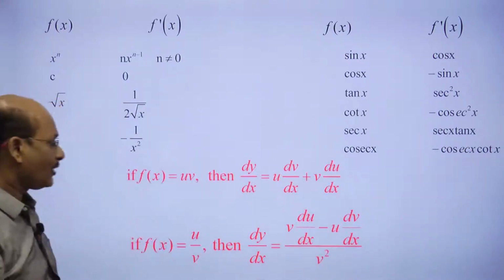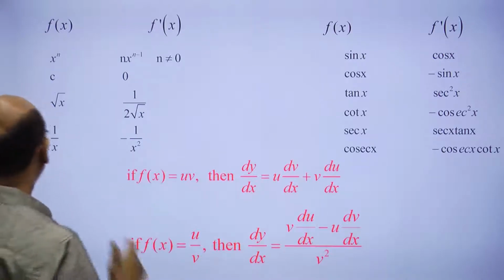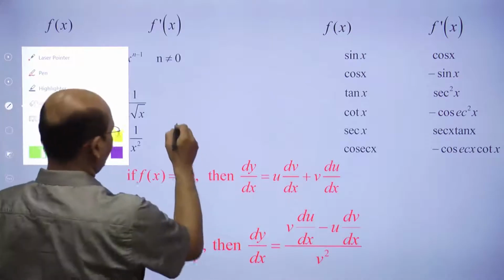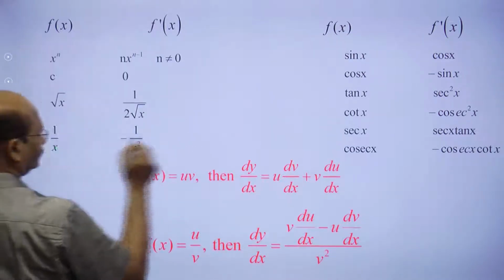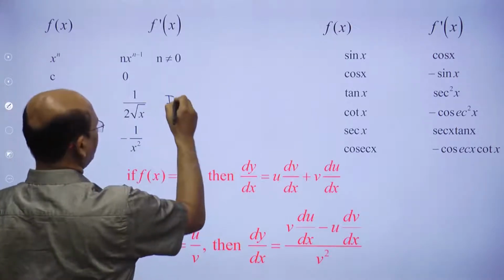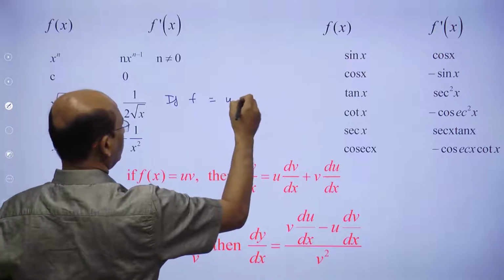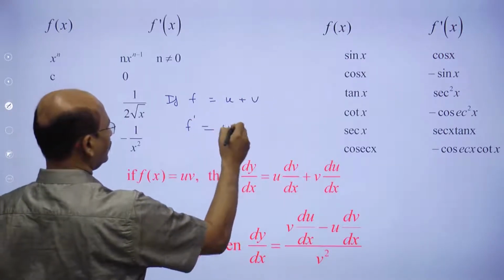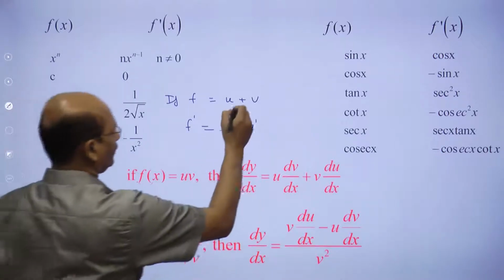Then a very important thing, if I missed out one thing, what you can add to it now: if the function is u plus v, then f dash is given as u dash plus v dash, plus or minus whatever it is.